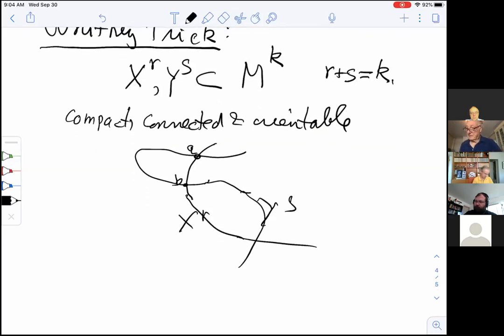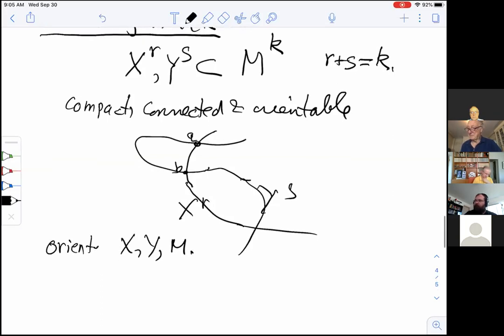So the first assumption I have to make is that there's canceling signs between these 2 points of intersection, as is indicated in this little picture. So I choose arbitrarily orientations for X, Y, and M. And then once I do that, there's a sign epsilon of A equals plus or minus 1, and epsilon of B equals plus or minus 1.